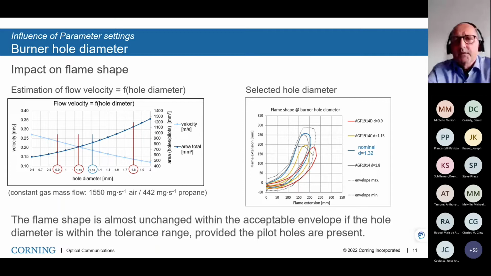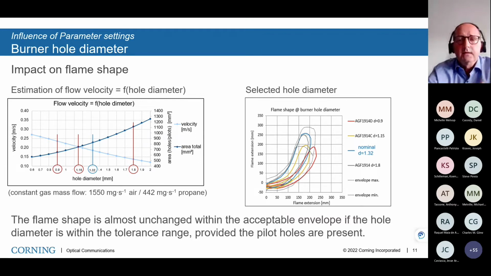3 burners with different hole diameters were selected for this estimation to determine the flame shape, marked with a red circle. The plot on the right shows that all flame shapes are within the accepted envelope, even with a larger burner hole of 1.8 mm, except for a burner with a very small hole diameter of 0.9 mm, presented in a red line, which is outside the accepted envelope.